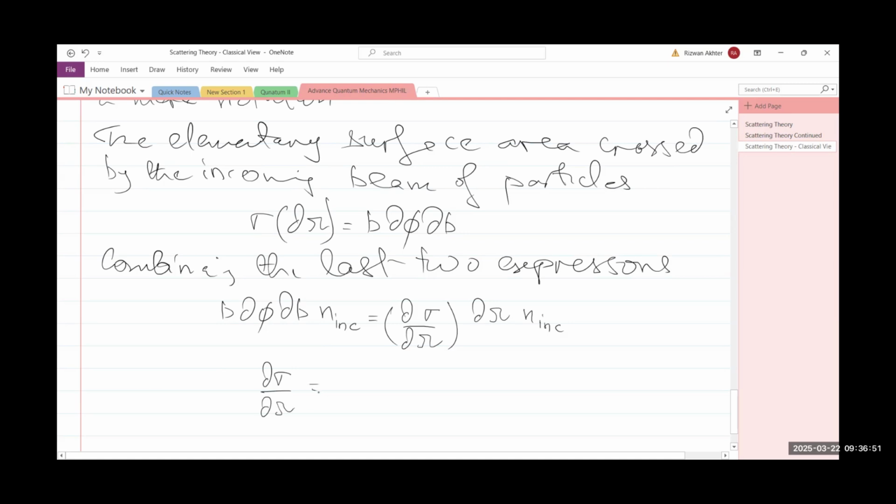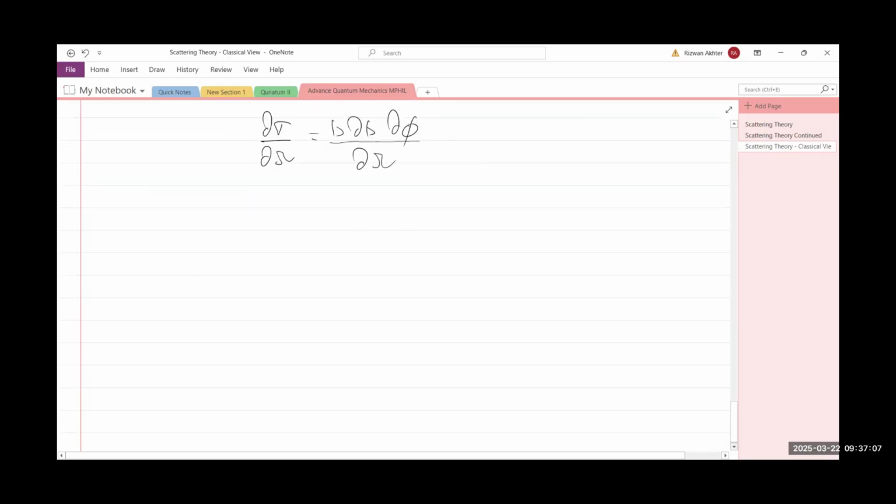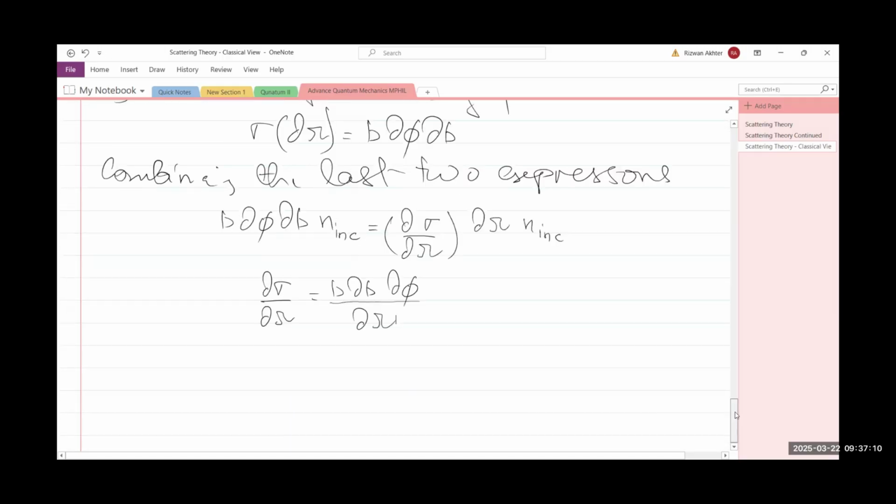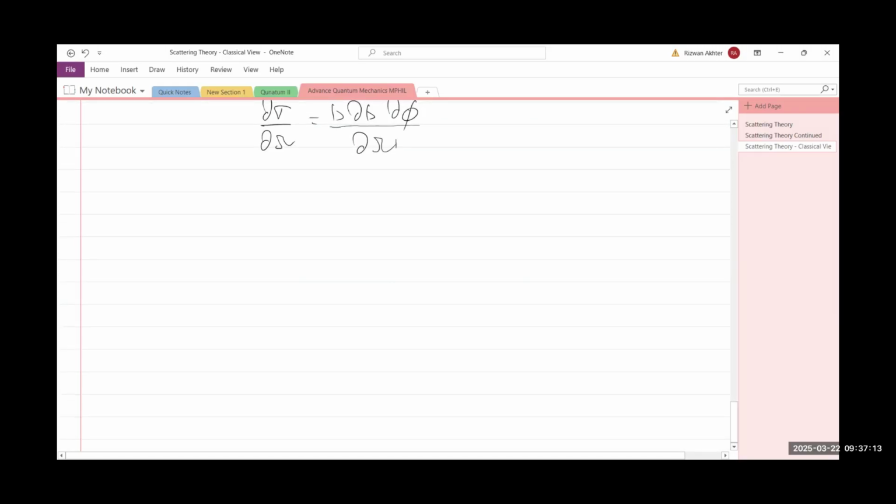अरेंज कर लें इसको. So that would be b db d phi upon d omega, और हम इसको लिख सकते हैं. d omega can be written as d cos theta.